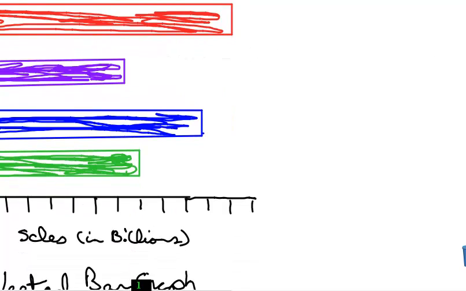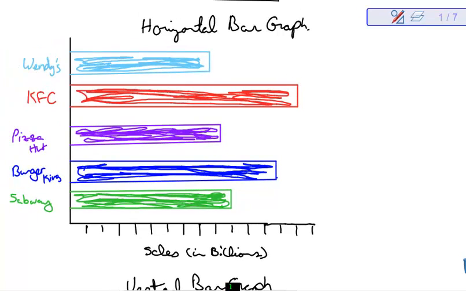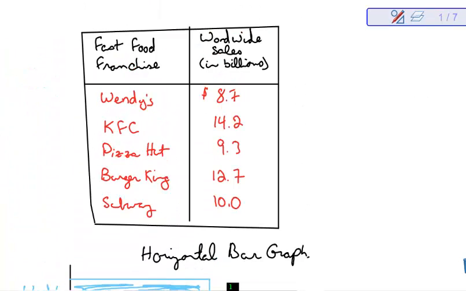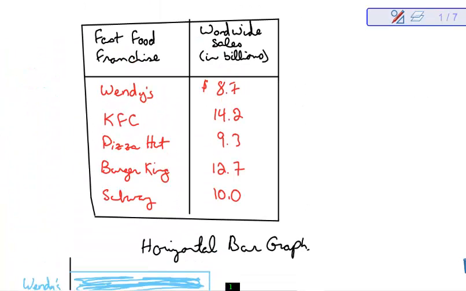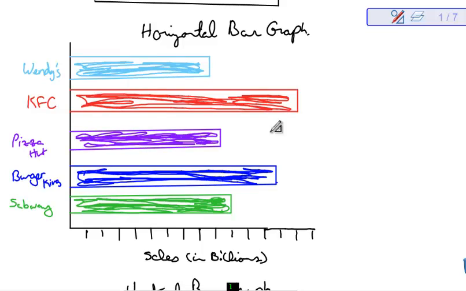What I've done here is I've taken the data in the previous table, right here, and literally said, okay, what is the worldwide sales for each category, and drawn a bar for it.